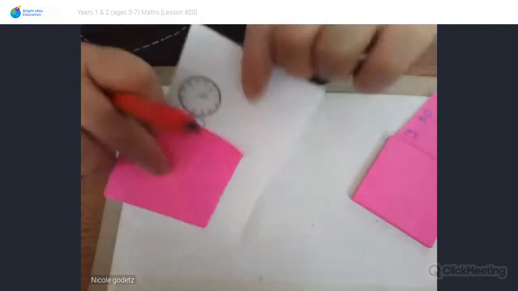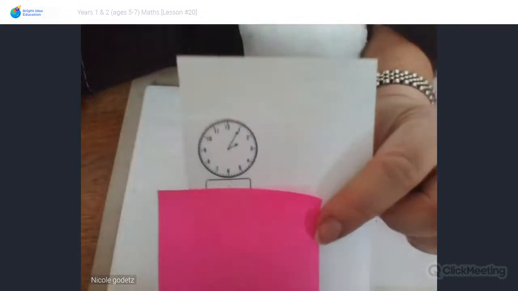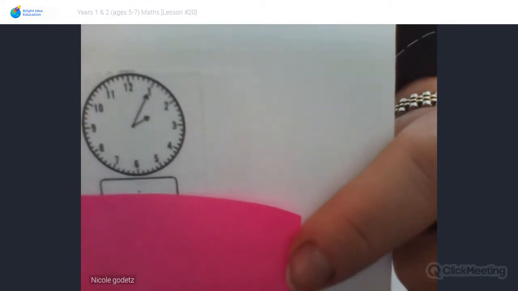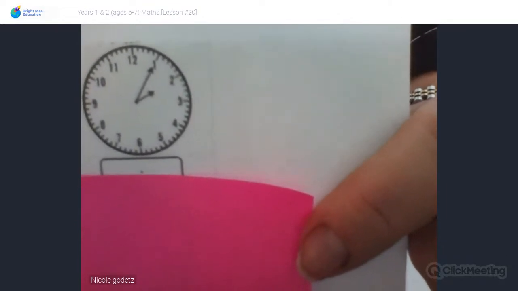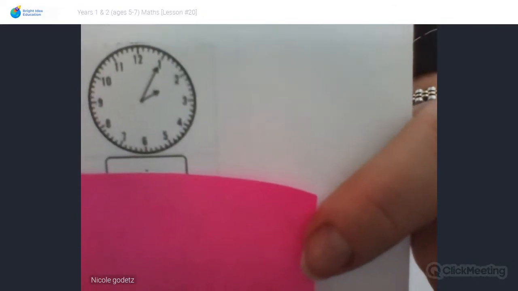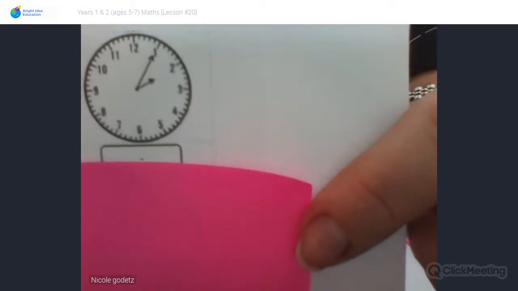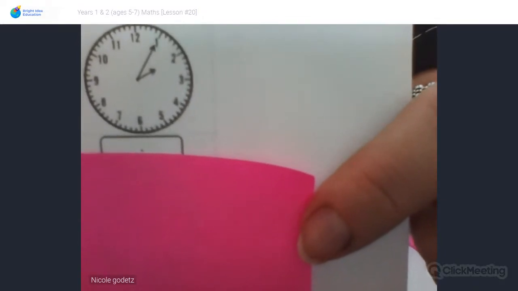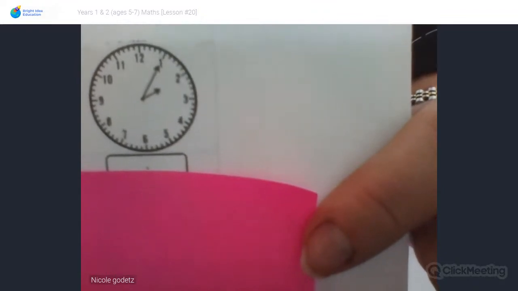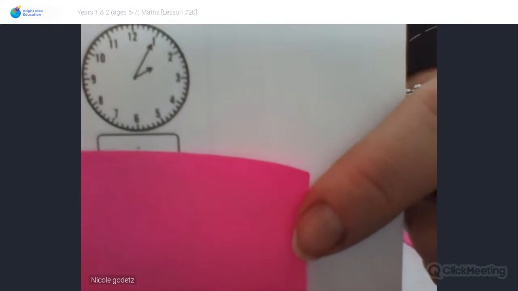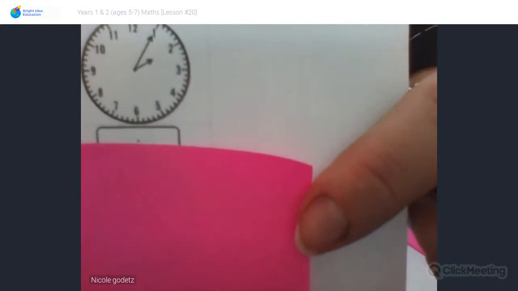Let's have a look at another one. Again, look at the hour. What hour has it just passed? In digital time, the hour comes first. In analog time, you say 5 past, 20 past, 1:45, so you say the minutes first.